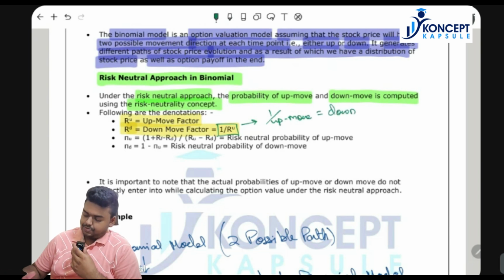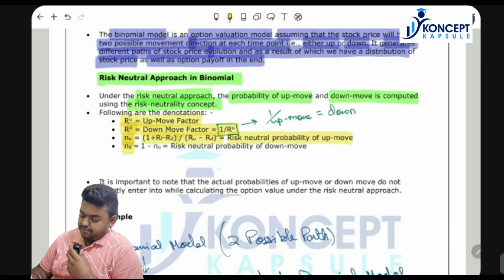Then we have to see pi u and pi d. What is pi u? Pi u is (1 plus Rf minus Rd) divided by (Ru minus Rd), which is equal to the risk neutral probability of up move, and 1 minus pi u is the risk neutral probability of down move.